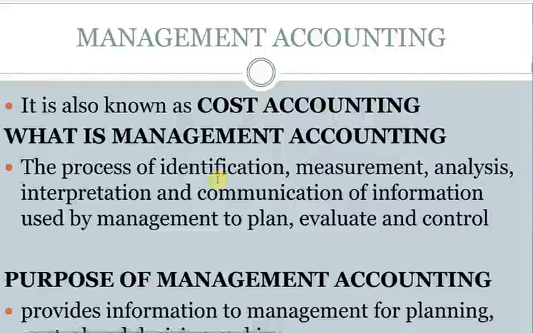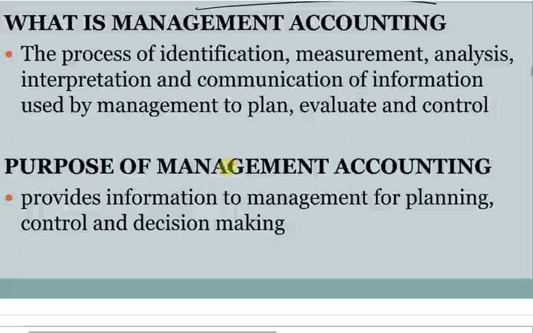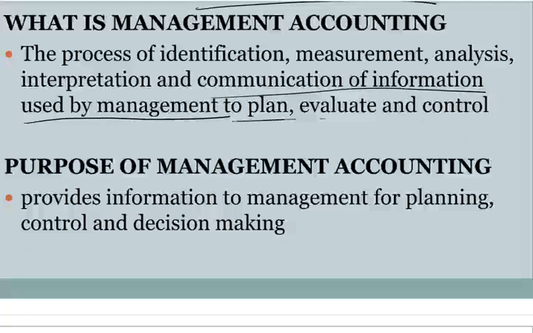Then let's look at the other branch, which is management accounting, also known as cost accounting. So what is management accounting all about? It's all about identification, measurement, analysis, interpretation, and communication of information used by management to evaluate, plan, and control.